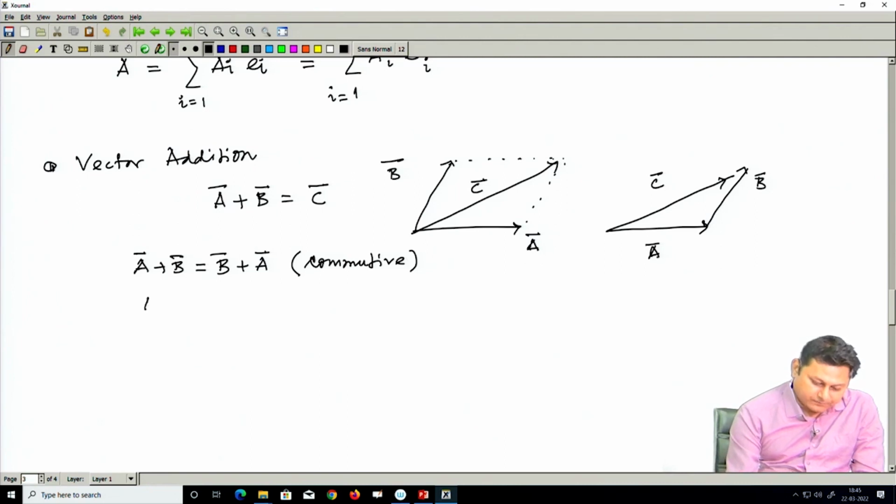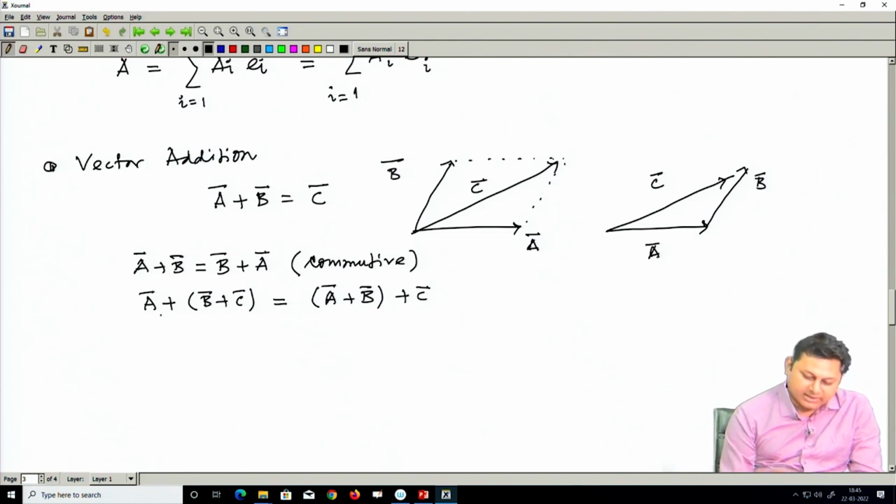Then also A plus B plus C, whatever vector you get, should be A plus the quantity B plus C. You first add B and C and then add the vector A, and you will get the same result as if you add A and B and then add C. This is called the associative property.